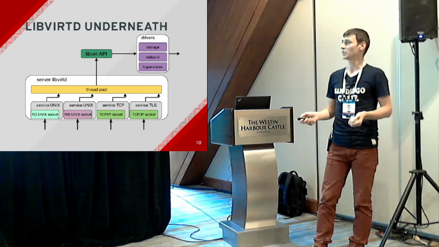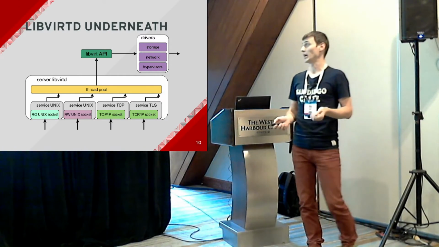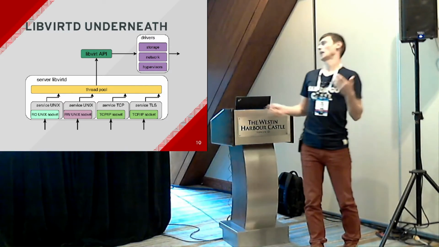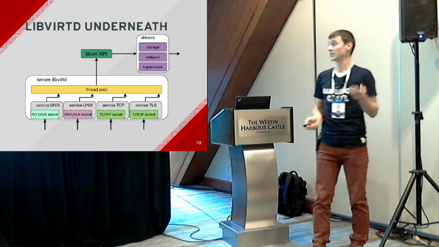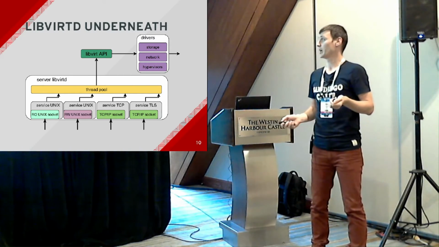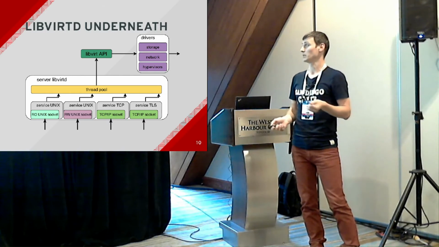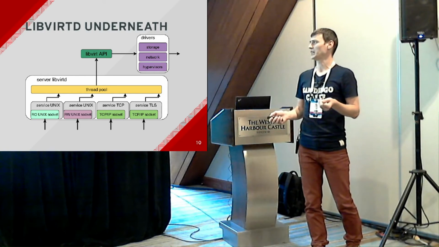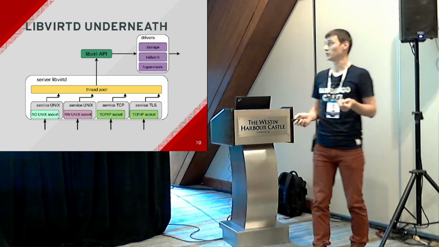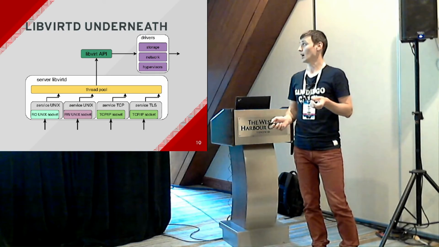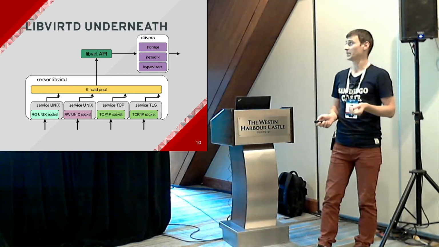There are two types of them, read-write and read-only Unix socket. And then there are two or three services actually. There is a TCP service which works on top of a classic TCP/IP socket, but this one is unencrypted and shouldn't be used in production. And also there is the TLS service, which provides an encrypted connection.